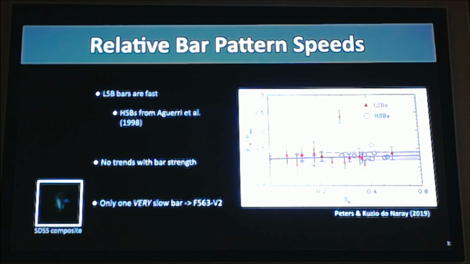It's thought that maybe a galaxy experiencing an interaction would be host to a slow bar. But LSBs are known to be very isolated galaxies, and F563V2 has no known companion. So as it looks, LSBs are host to fast bars, and this one is not the norm. As expected, it's the oddball in this bunch.